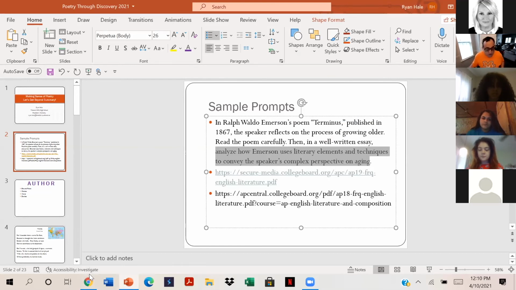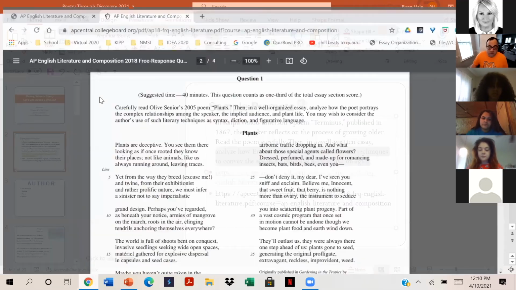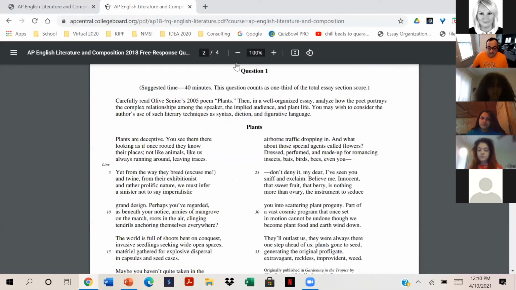What I want to show you also, I want to show you 2 other prompts. This is 2018. Now, prompts have changed a little since then. They're no longer going to give you any literary devices or techniques. But again, I get analyze how the poet portrays the complex relationship.